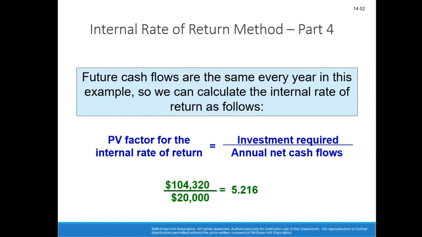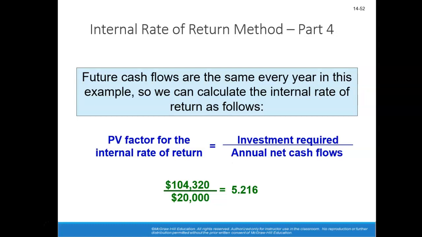To do that, we'll take the present value factor of the internal rate of return. We take the investment required divided by our annual net cash inflows.